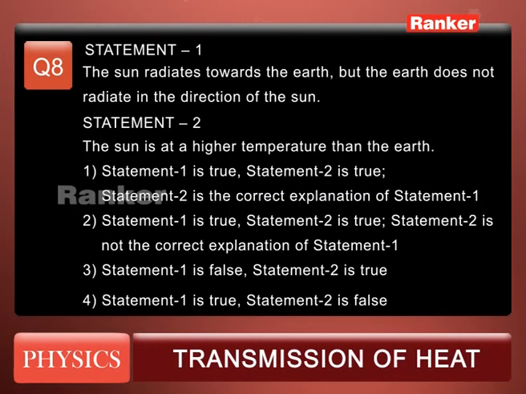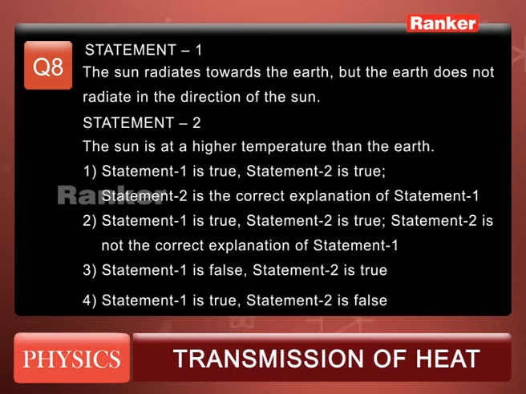Question number 8. This is based on statements 1 and 2. Statement 1: the sun radiates towards the earth, but the earth does not radiate in the direction of the sun. Statement 2: the sun is at a higher temperature than the earth. First option: statement 1 is true, statement 2 is true, and statement 2 is the correct explanation of statement 1.